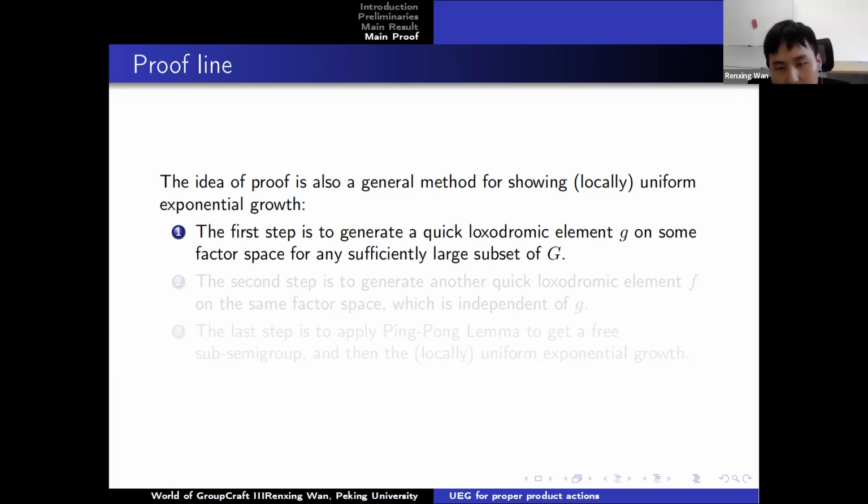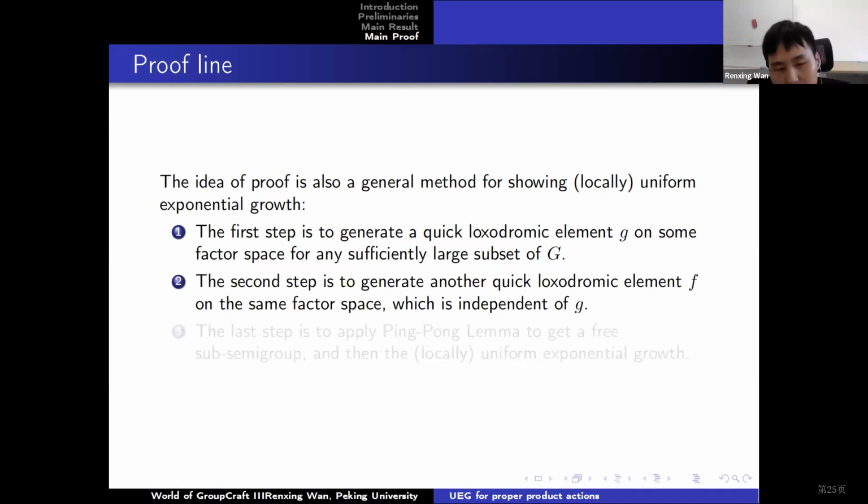But if you want to show locally uniform exponential growth, then the large ball is not enough because you need to take any subgroup, right? So you should show the logarithmic element for any sufficiently large subset of G. Okay, this is the first step.